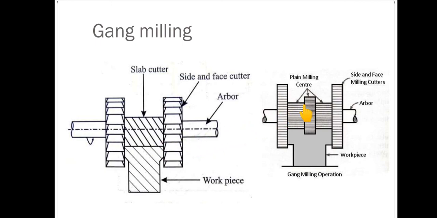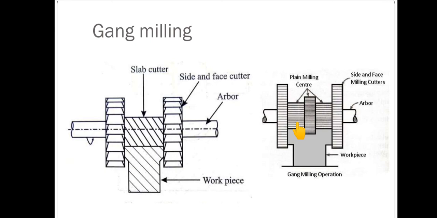Come to this diagram. See here also we are getting different profiles. See this one, here it is a completely plain surface. Here you can see a slot-like structure is also obtained. So this is the final product. What we can understand from this is that in gang milling we can place different milling cutters.